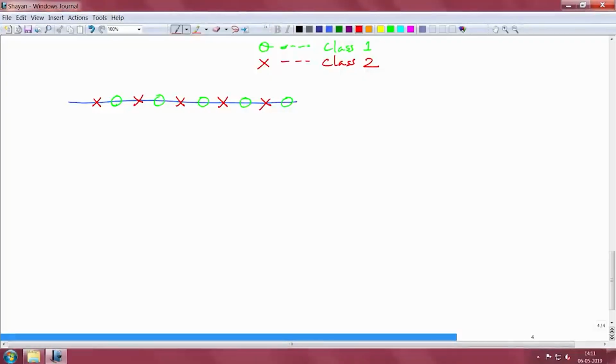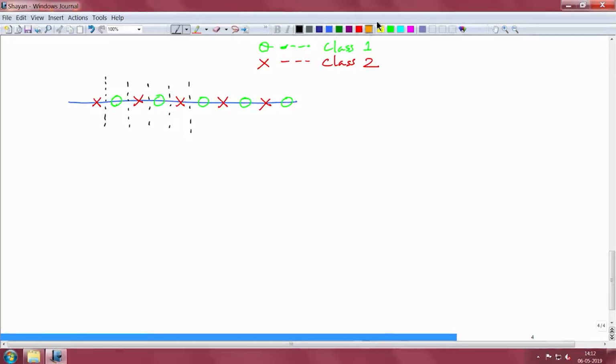The answer is, you will need every line between these points. Otherwise you cannot separate them. I cannot have one line that can separate these points. So if you think about lines, so let me use this black. I'll just probably have to have a boundary like this, another boundary like this, another boundary like this, and I have to have several cases where I will have to look at different regions where I can say that if it is between this and this, it is going to be a cross, otherwise it is going to be a circle, and so on.